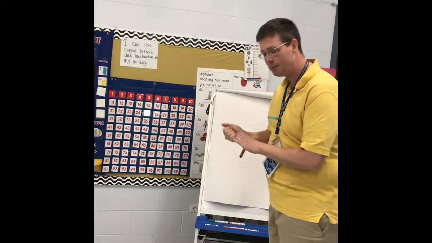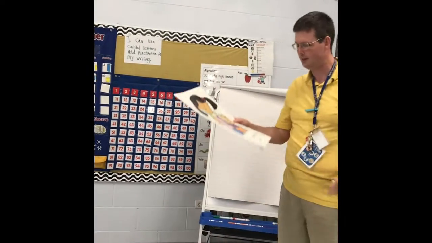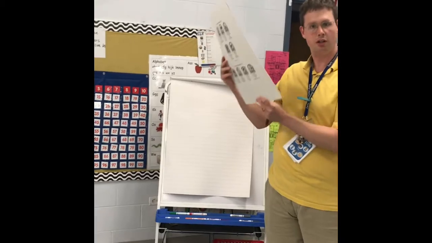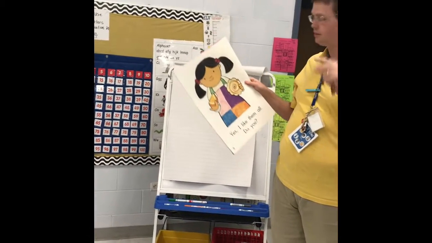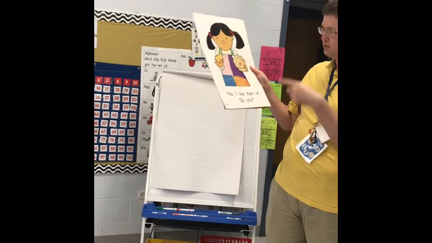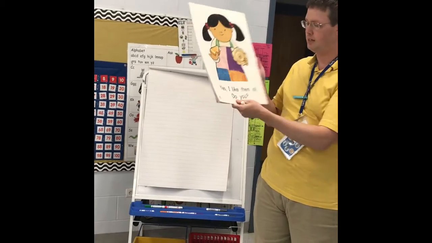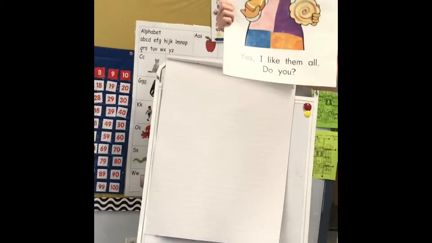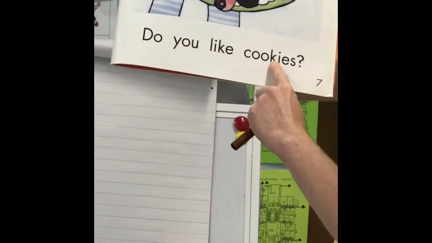So, let me show you this book that we looked at the last time. And I want you to look for capital letters and punctuation. And just watch how this makes this a lot more readable, okay? So, when I look at this writer's writing, we read this yesterday, and it said, do you like cookies?